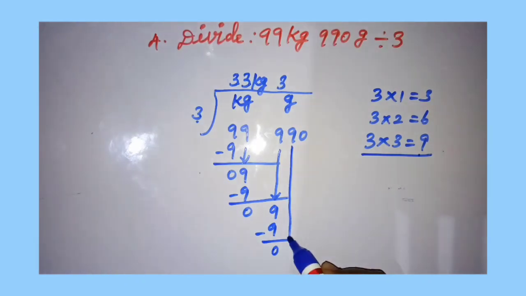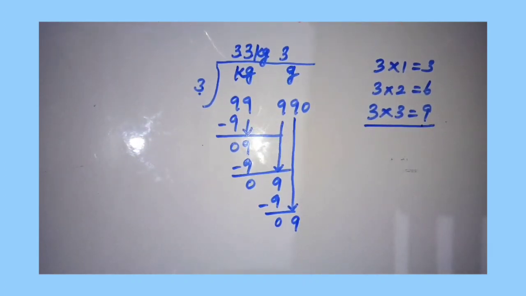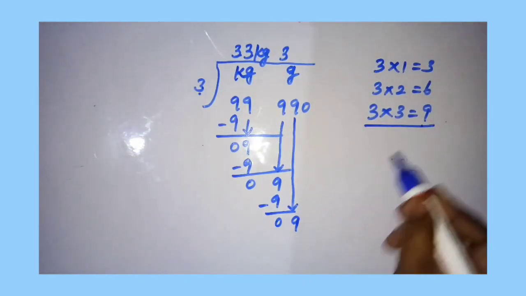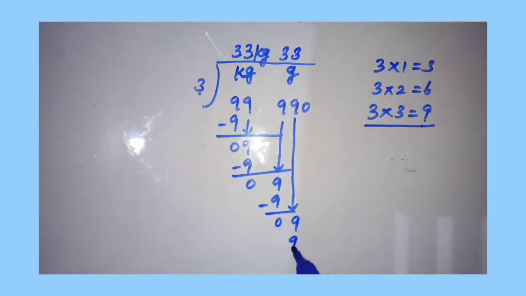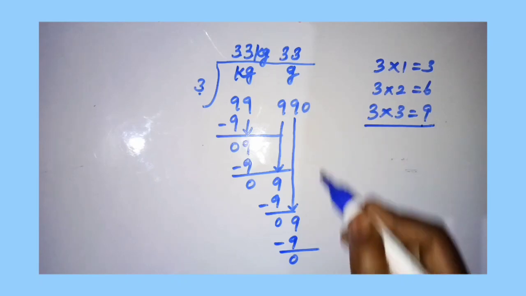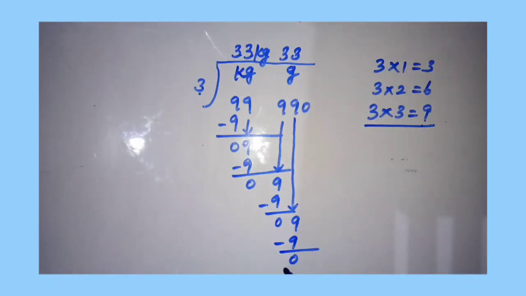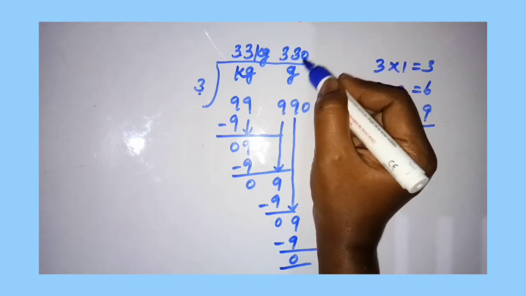Take the next digit 9. How many times does 9 come? 3 times. 3 threes are 9. Subtract 9 minus 9 gets 0. Next, the last digit is 0. Adding 0 means no value, so we add this 0 to the quotient.